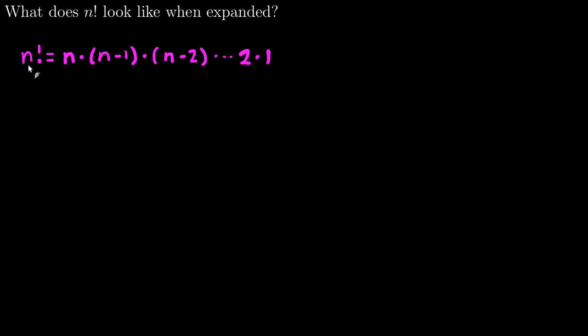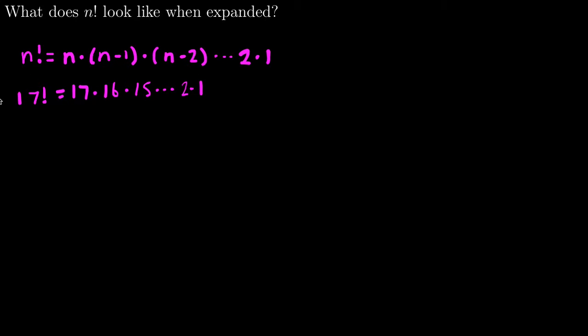So what I mean by this is if I had some large number like 17 factorial, I'm going to start off doing 17 times 17 minus 1, 16, times 17 minus 2, 15, and continue this process all the way down to 2 times 1.